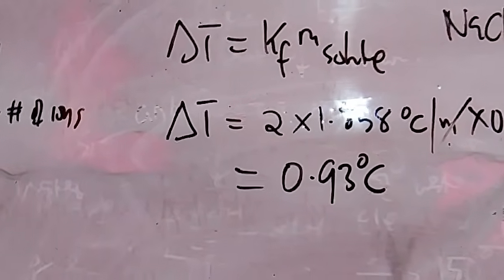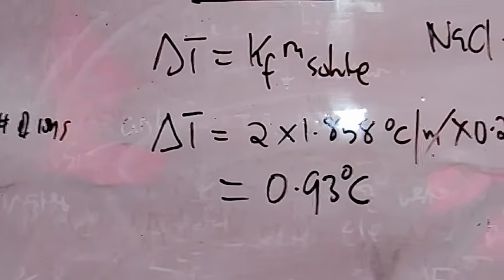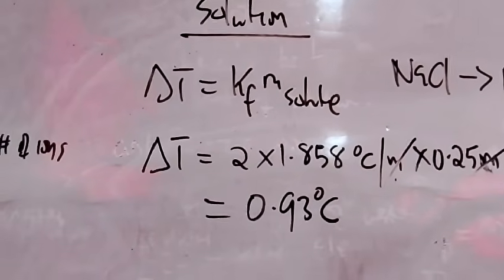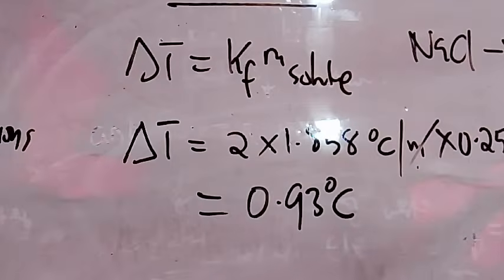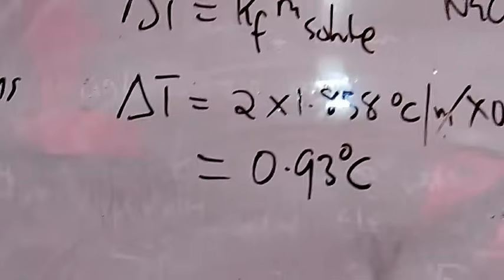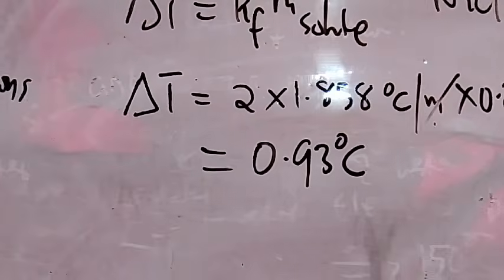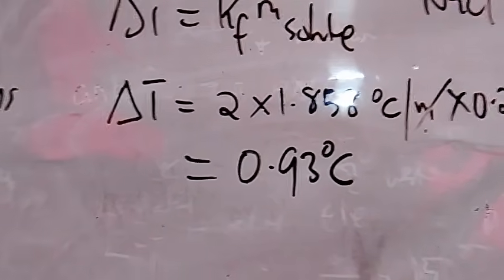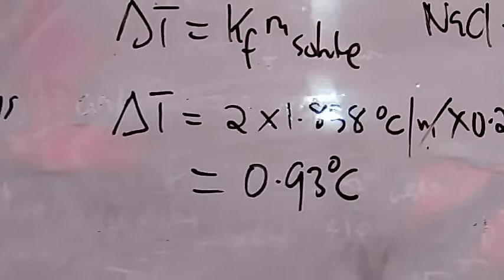Now remember that delta T is the difference between the freezing point of the solvent and that of the solution.